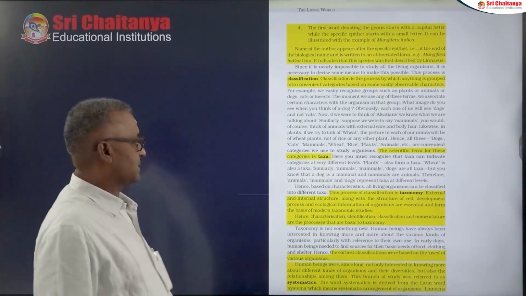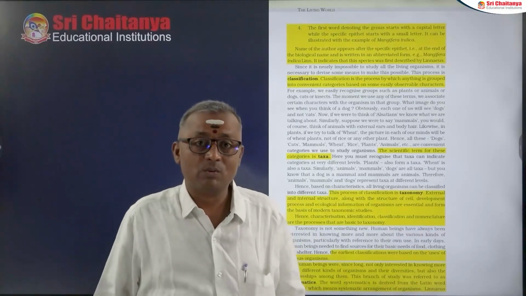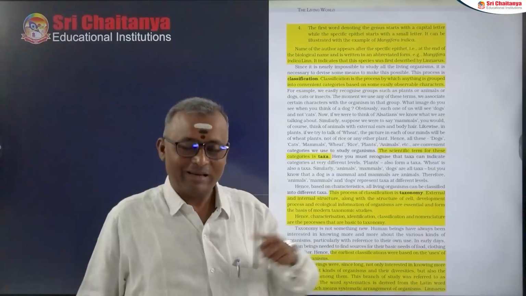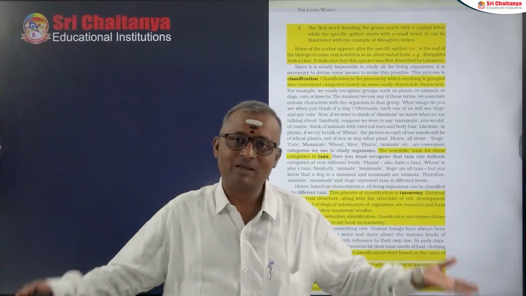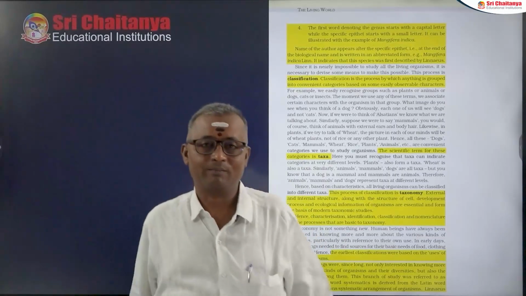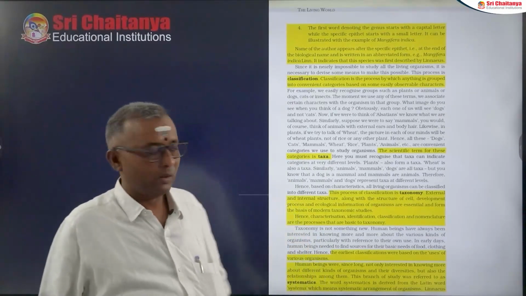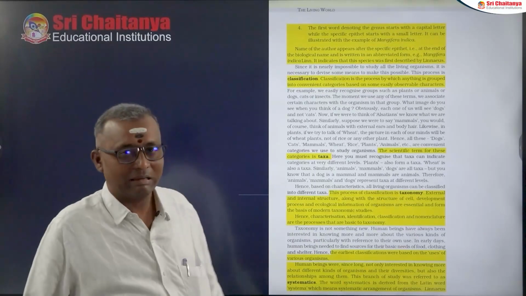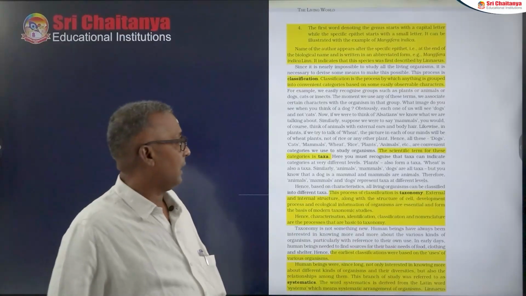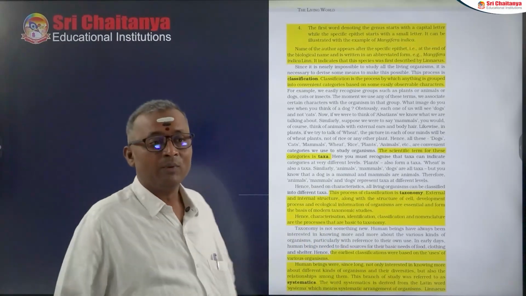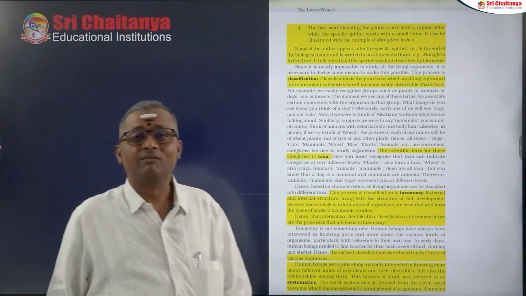Now, this process of categorizing organisms into different taxa is itself called taxonomy. So simple. This chapter is very easy and easy to remember. Now, modern taxonomy includes important aspects like external characters, internal structure, along with the structure of the cell, developmental processes, and even ecological information.